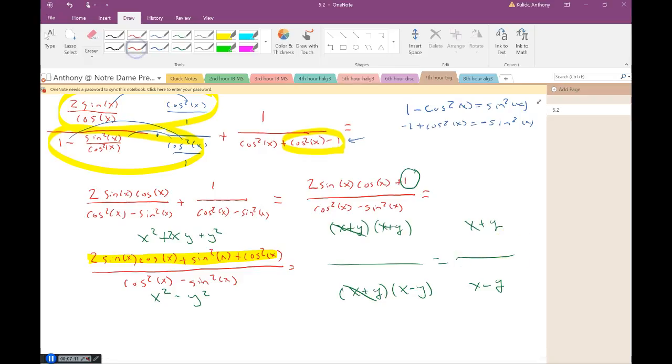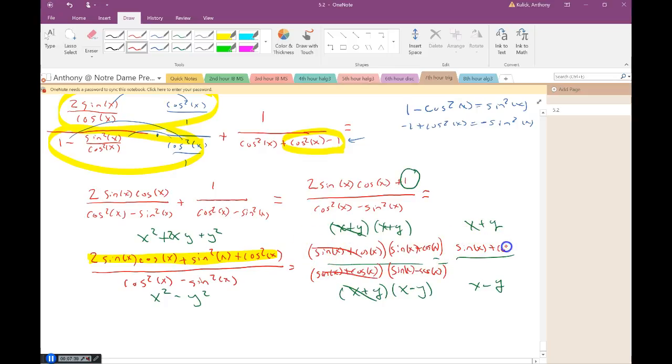And if we substitute in here for sines and cosines, that is sine x plus cosine x times sine x plus cosine x, over sine x plus cosine x times sine x minus cosine x. And those cancel, and I'm left with sine x plus cosine x over sine x minus cosine x, which is what we're supposed to have.